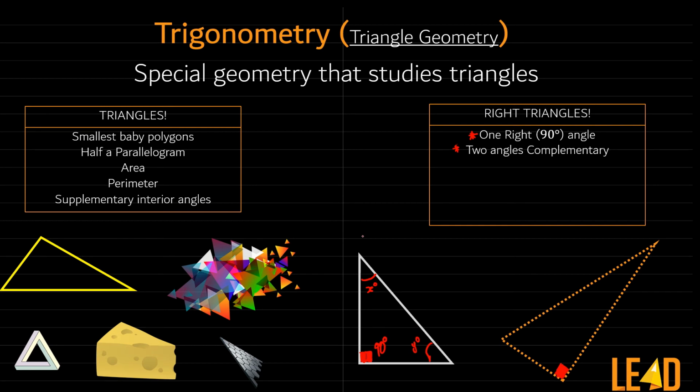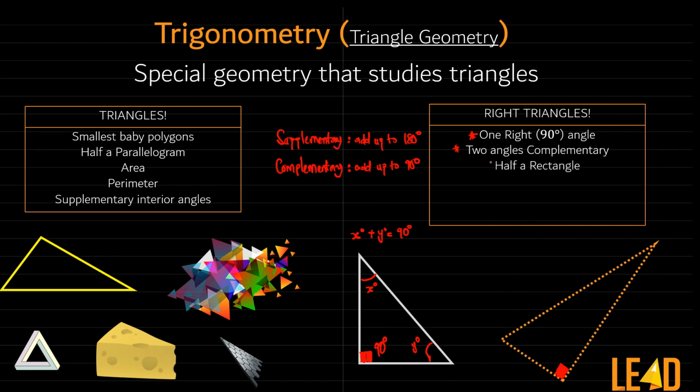The acute angles must add up to 90 degrees. So let's hold on to this word, supplementary. Supplementary means add up to 180 degrees, and complementary means they add up to 90 degrees.